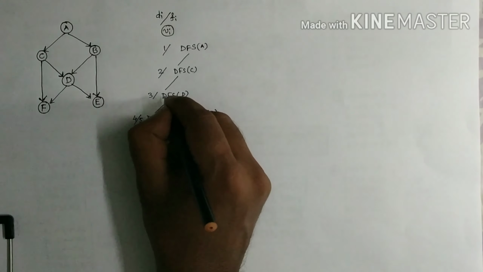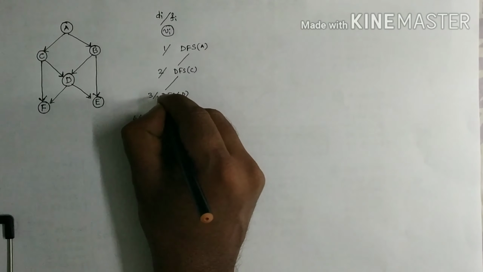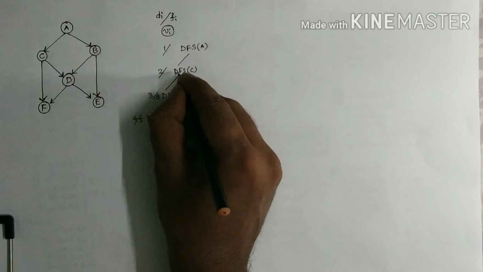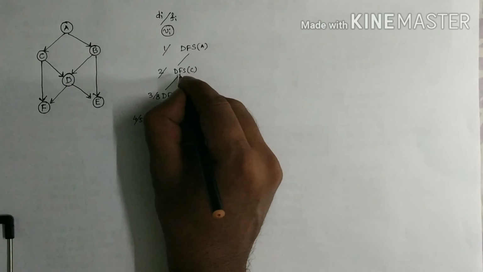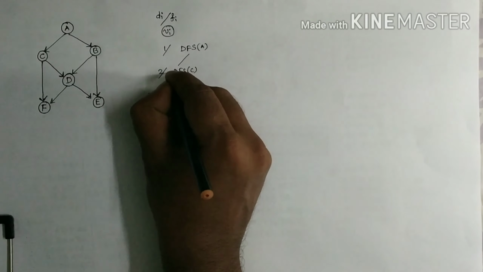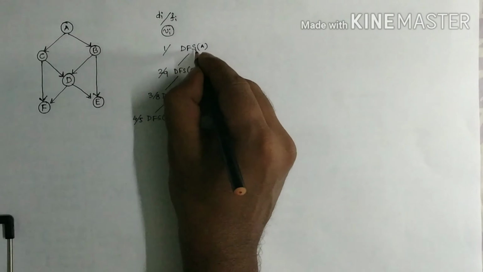Now backtrack. Is there any unvisited vertex of D? No. So finish D. Backtrack from D, go to C. Is there any unvisited vertex of C? No. So finish C. Again backtrack from C, go to A. Now is there any unvisited vertex of A?